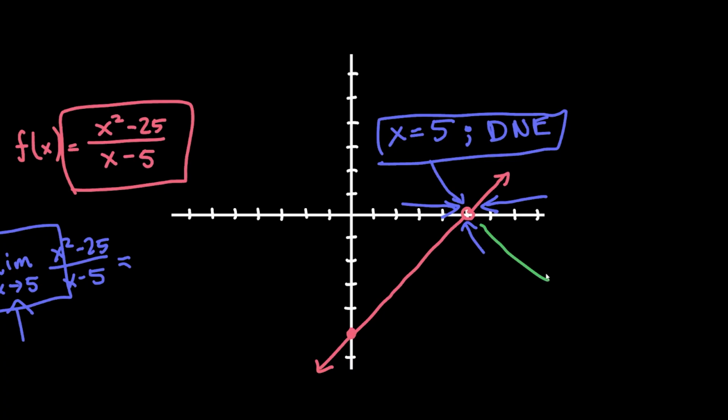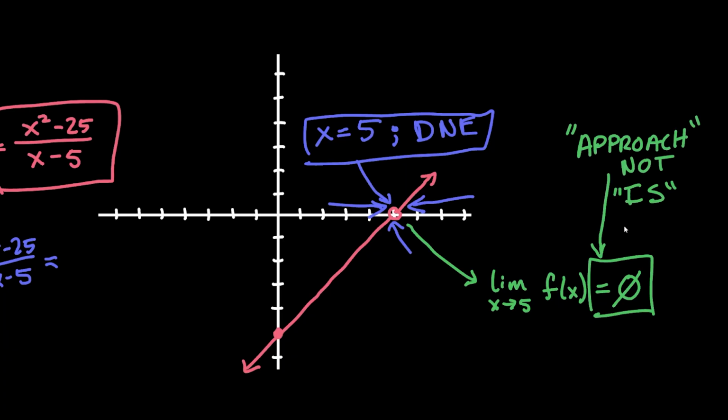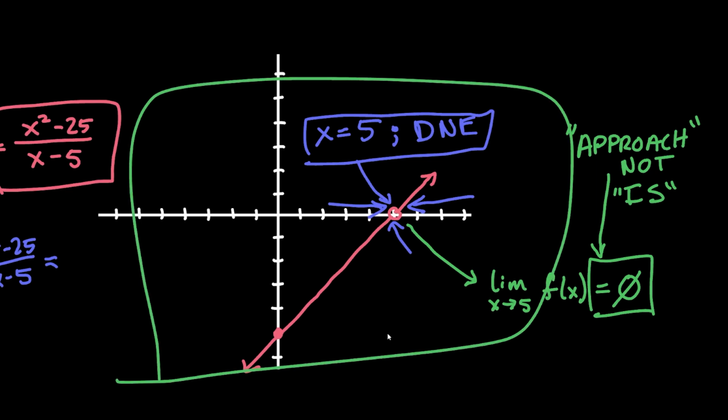In this particular instance, the limit as x approaches 5 of our function f of x equals 0. And that's because it's approaching 0, not that it is 0. And see, just small differences in wording like that, especially in a subject like math, makes all the difference.